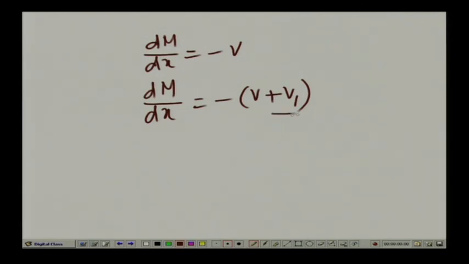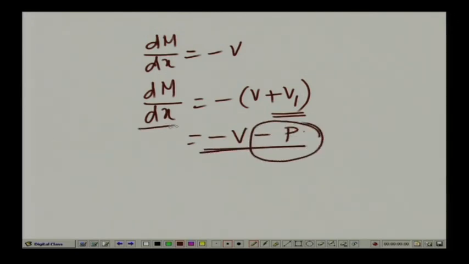As we have seen, V1 is equal to P, so this is equal to minus V minus P. So, you see there is a drastic change in the rate of change of the moment from the left side of the concentrated load to the right side of the concentrated load.